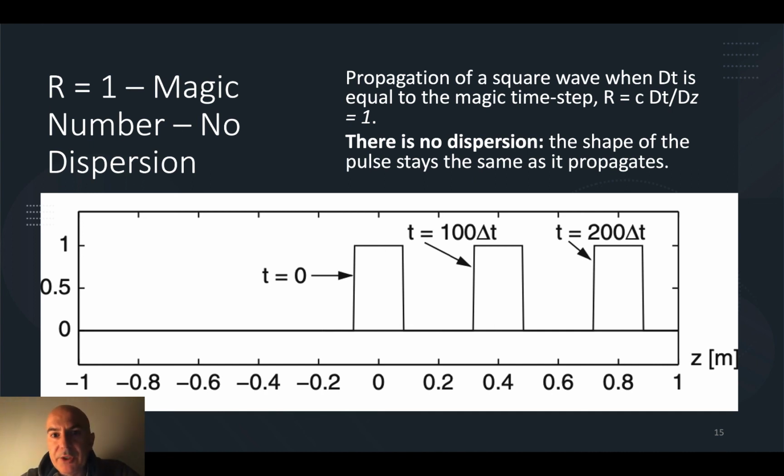That means the shape of the pulse stays the same as it propagates. Here we have our square pulse at time equal to 0, and then we update using FDTD MATLAB code, and we calculate it as it propagates, at 100 and 200 delta t, and you see that it propagates to the right and the shape is not changed.